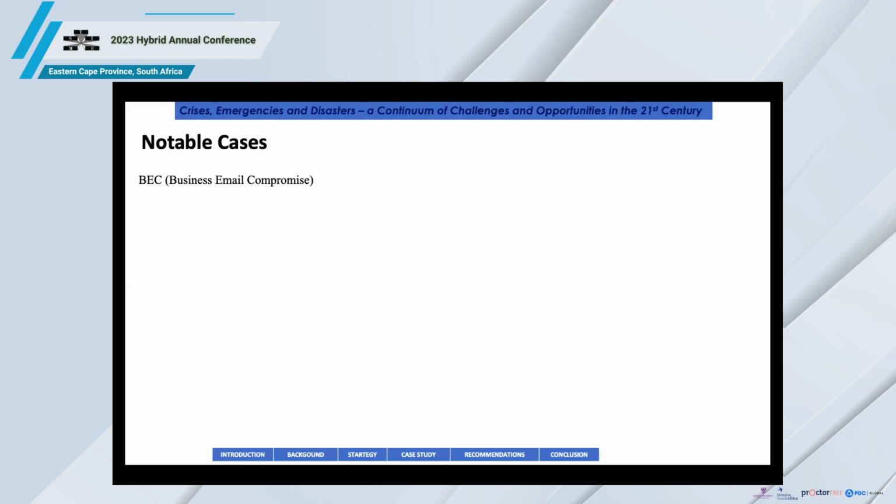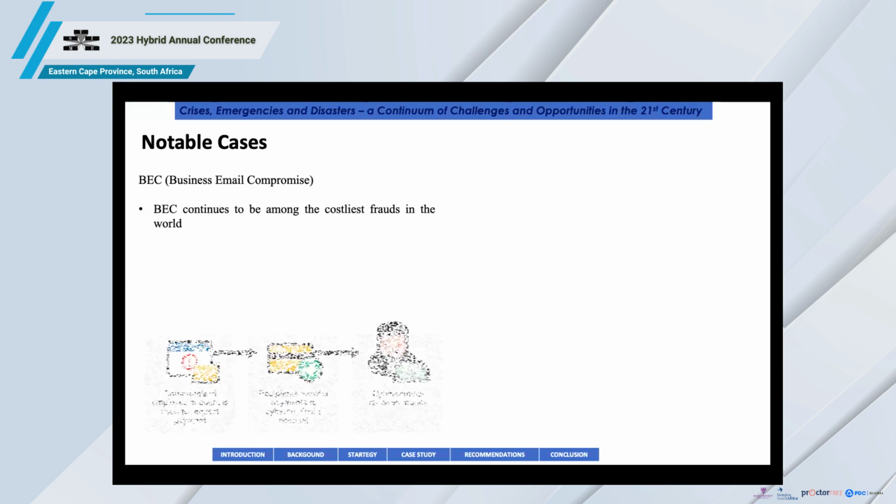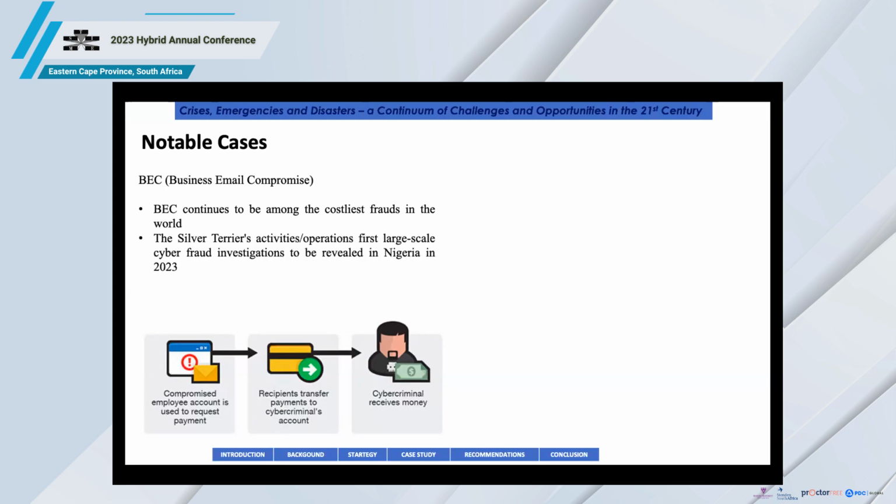So going through some notable cases, we already explained earlier what BEC is, which is basically one of the costliest frauds in the world. We have that in abundance, which is very dangerous. One of the examples was the Silver Terriers activities, which was stopped by Interpol, the FBI, and the Nigerian police in 2015.